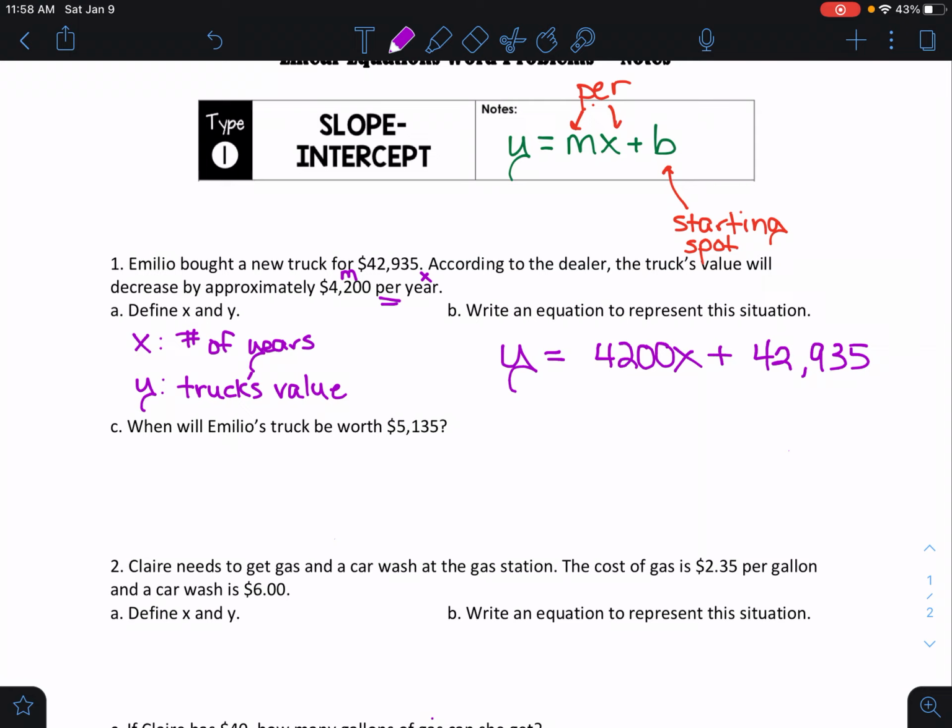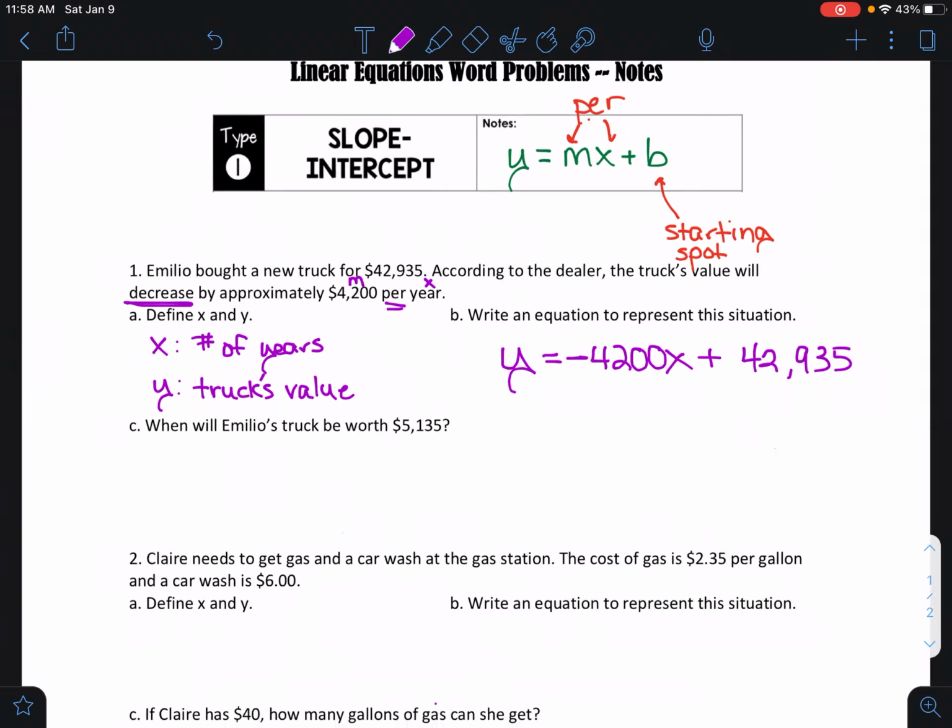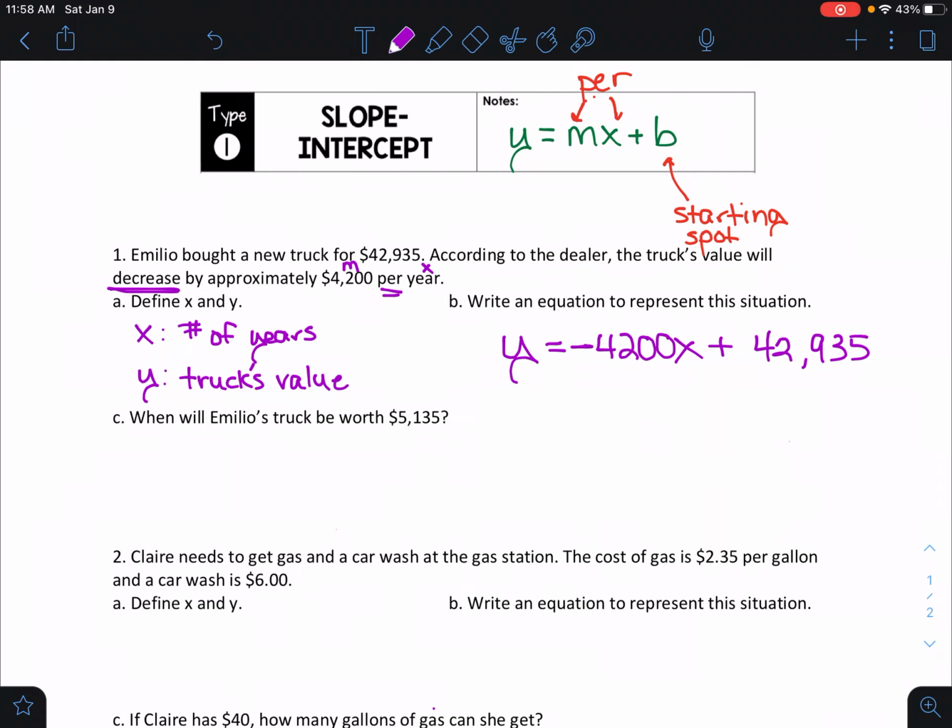Now, it's easy to miss, but you've got to read carefully because it says the truck's value was decreasing. So this should be negative here. We're decreasing by $4,200 every year, and our starting amount was $42,935.